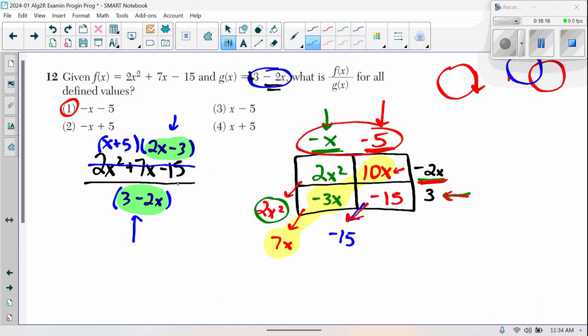If I get a situation like that, they still cancel, but it leaves a negative 1, which means there's no more denominator, so I got to distribute this minus 1. Minus 1 times x is negative x. Minus 1 times 5 is negative 5. The answer is still choice 1, but I think division is easier.